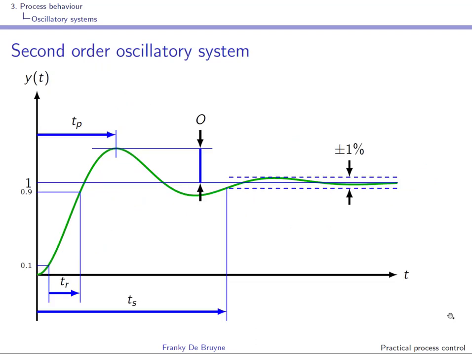In process industry, very few processes are designed to behave like a second order oscillatory system. But the closed loop behavior, that is the process in closed loop with the controller, often a PID controller, will very often have this type of behavior. We will assume that what you see here is the closed loop step response.